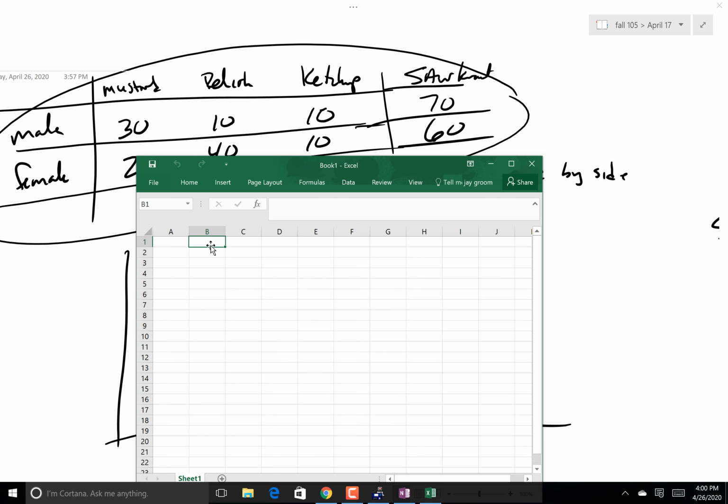The way this will get typed in is you go mustard, relish, ketchup, SK, male, female. Okay, so there's my data. Let me make it bigger so you can see it better.